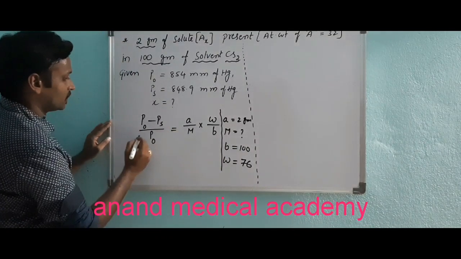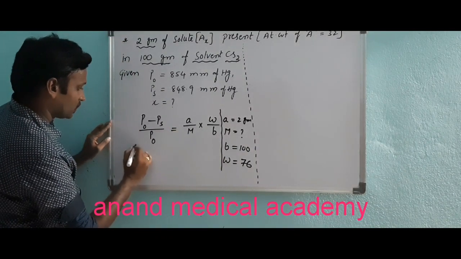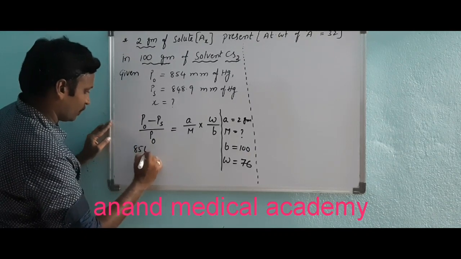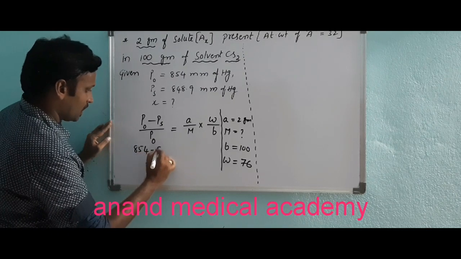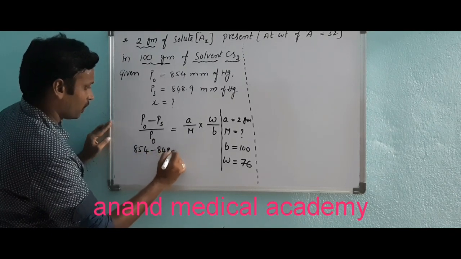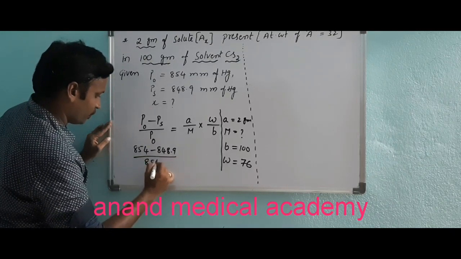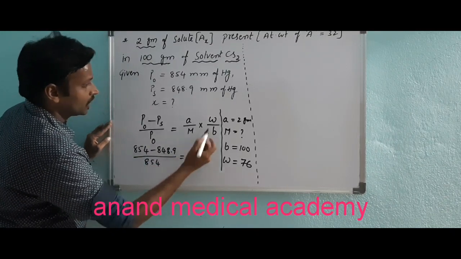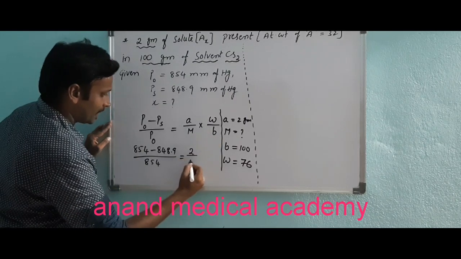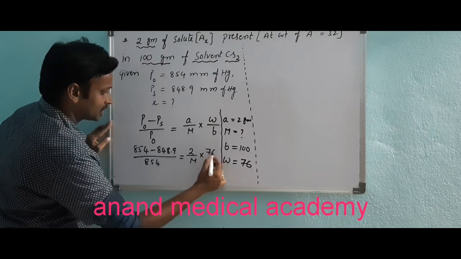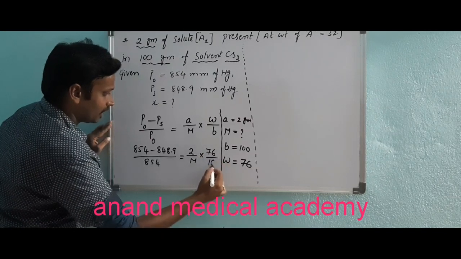Correct. Substitute here. So what exactly will we have? P0 is 854 minus 848.9, divided by 854, is equal to A value 2 by M into W, which is 76, divided by 100.